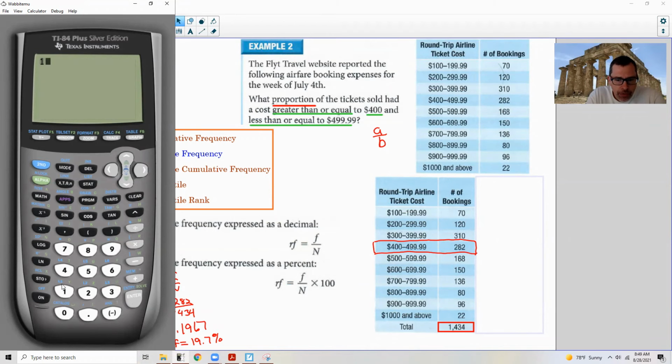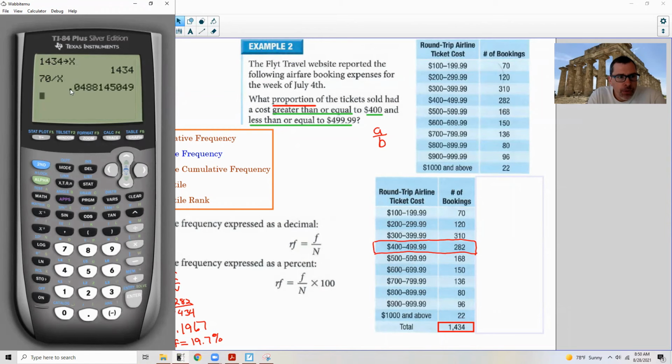Let 1,434 get stored as my variable X. You do 1434, there's this button here that says STO, X. If you hit enter, now the calculator knows that you stored a value for X. So now all I have to do is say 70 divided by X instead of typing 1434 every time.